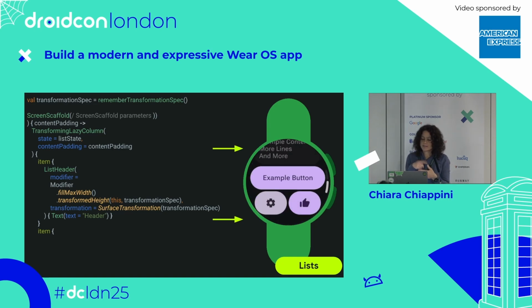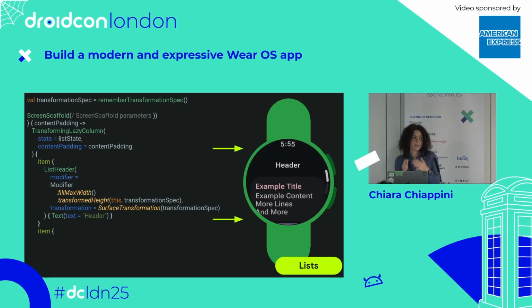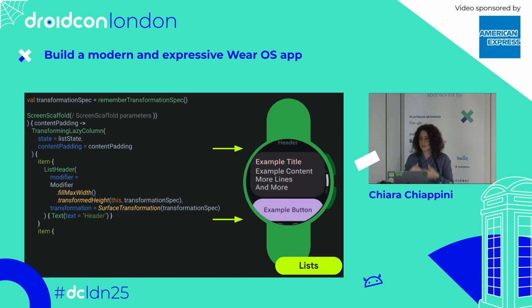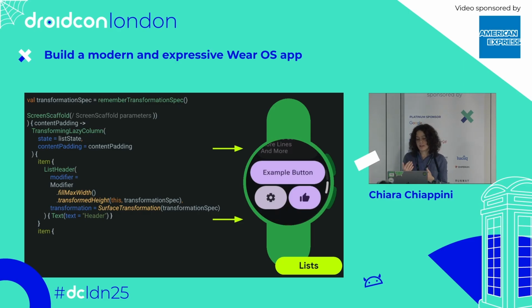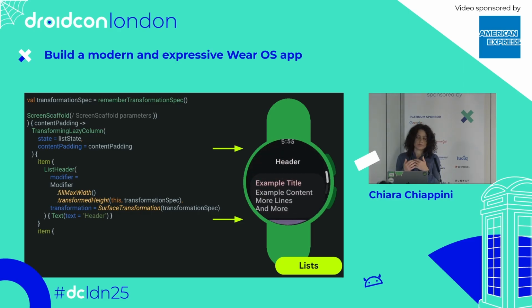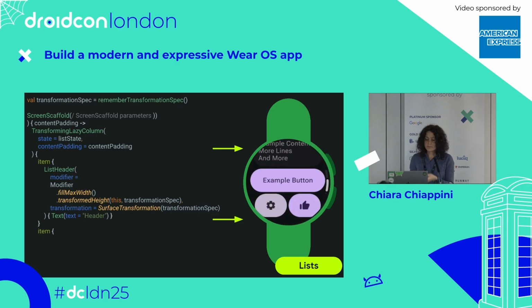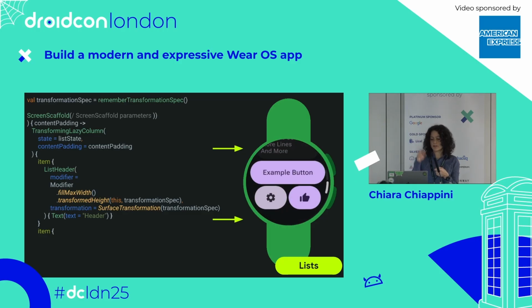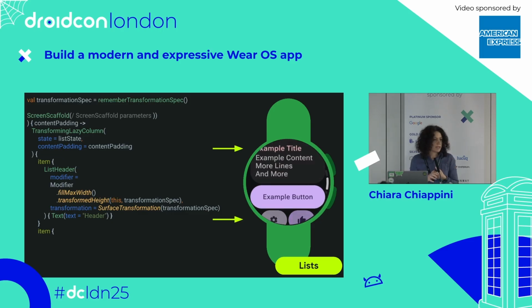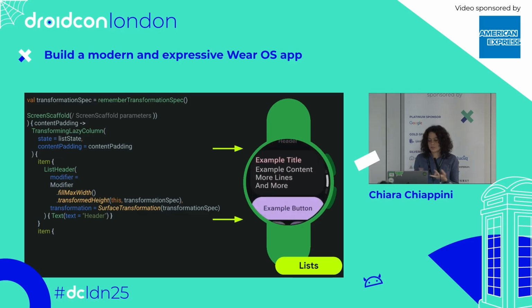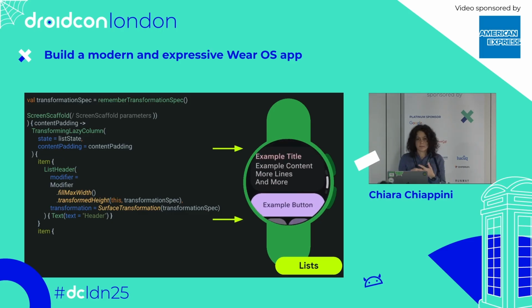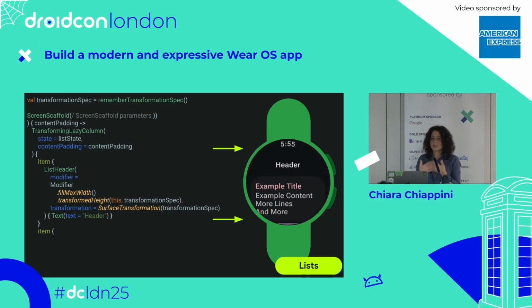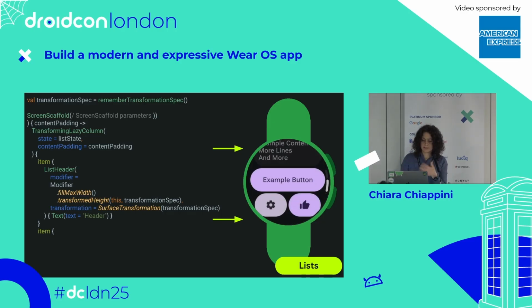Unlike scaling lazy column, transforming effects are not a default, are not automatic, and this basically allows you to customize more. For example, you can decide that maybe the first items of the list, such as the list header or an icon, you don't want to scale, or you can choose how to customize how the scaling is applied. So transforming lazy column gives more flexibility than scaling lazy column.